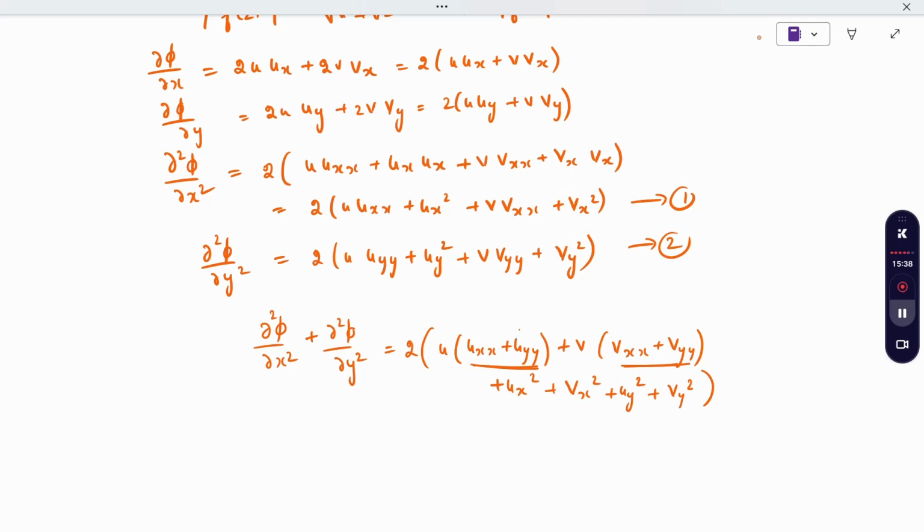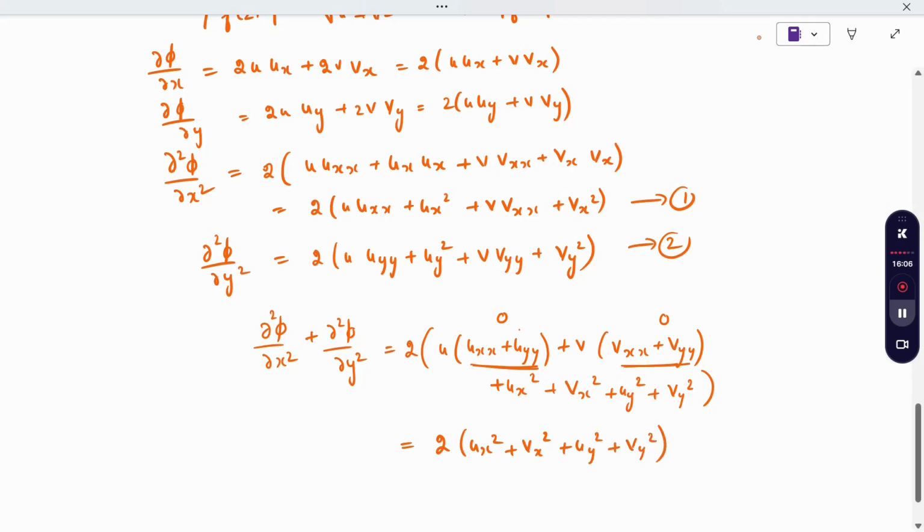If an analytic function is satisfied, it is a harmonic function, and the second order derivative sum is 0. The reason is the harmonic Laplace equation is satisfied. Laplace or harmonic or regular function, any term it can be called. So this is 0, this also 0. So I'll be getting 2 times ux squared plus vx squared plus uy squared plus vy squared.